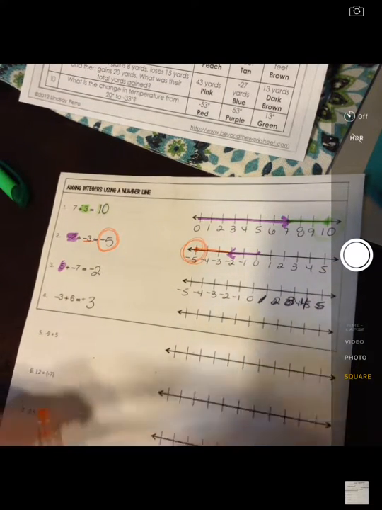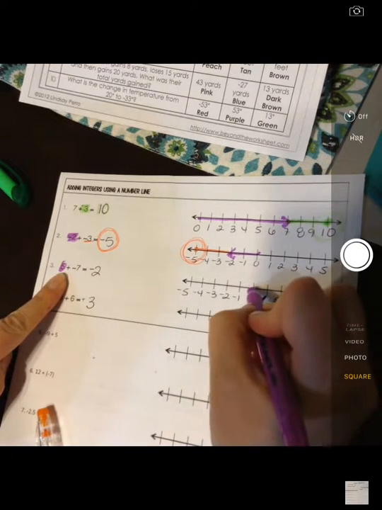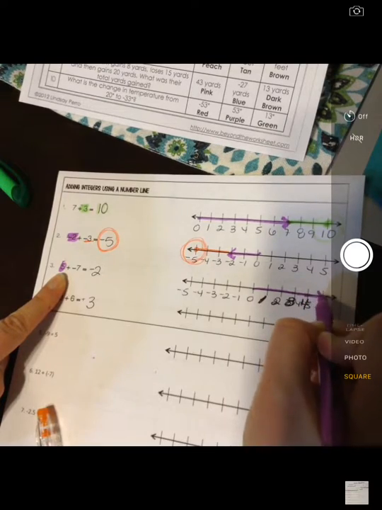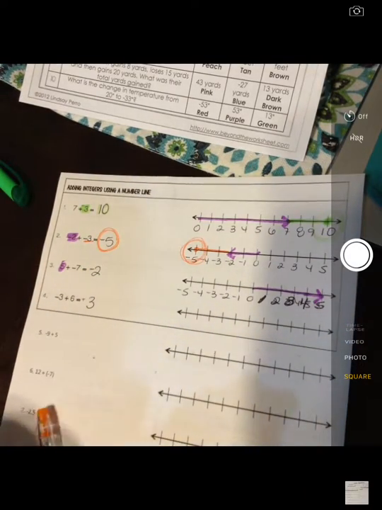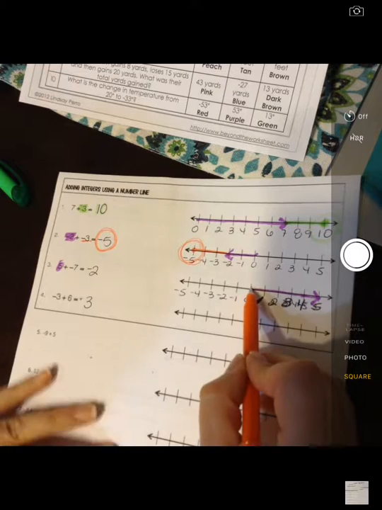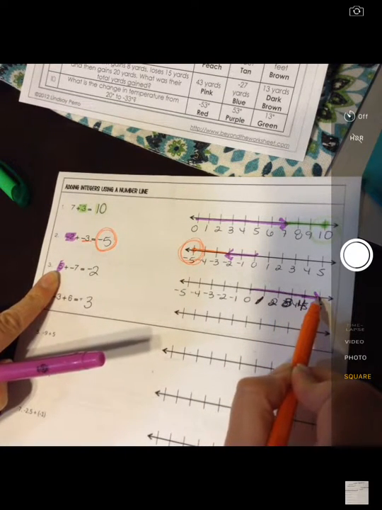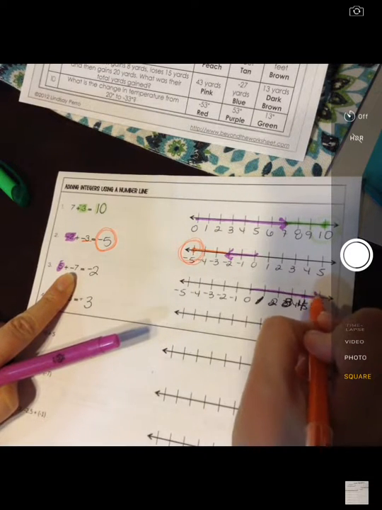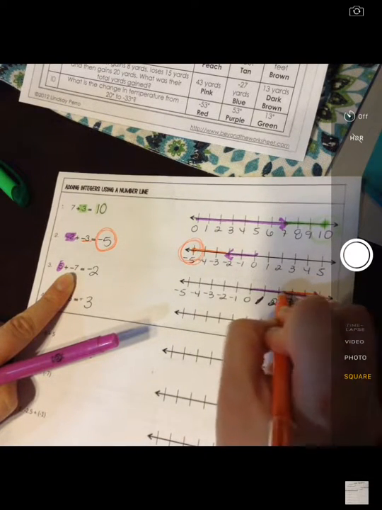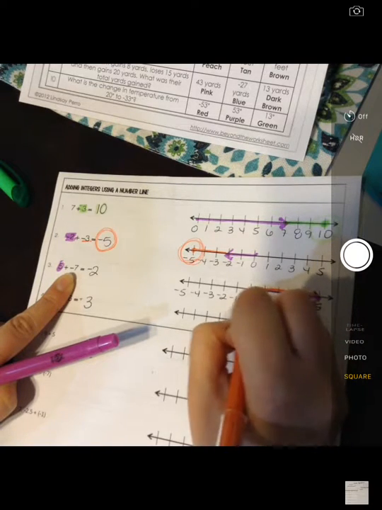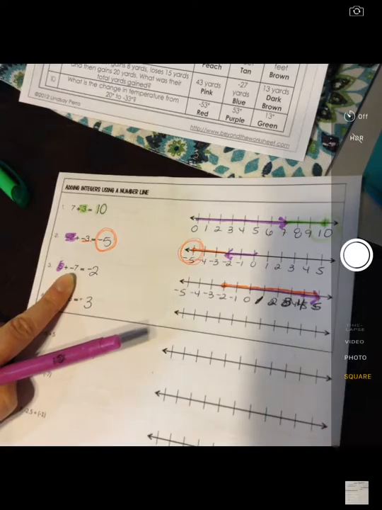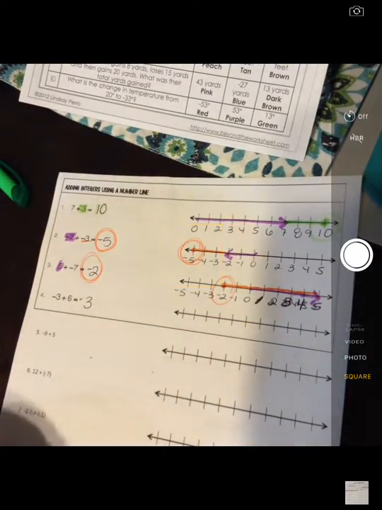Okay, so we have to go from 0 to 5, to show I'm going up 5 units. But then it says I have to go down 7. So 1, 2, 3, 4, 5, 6, 7. So I land on negative 2, which is what our answer was if we did the arithmetic.